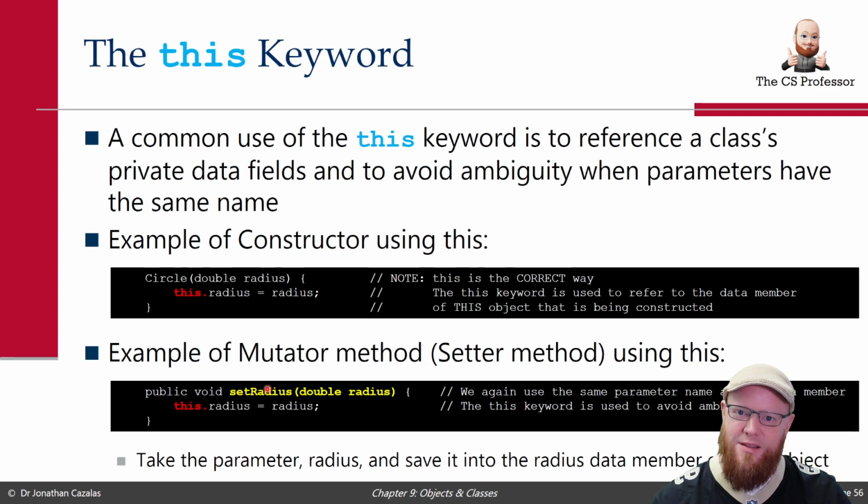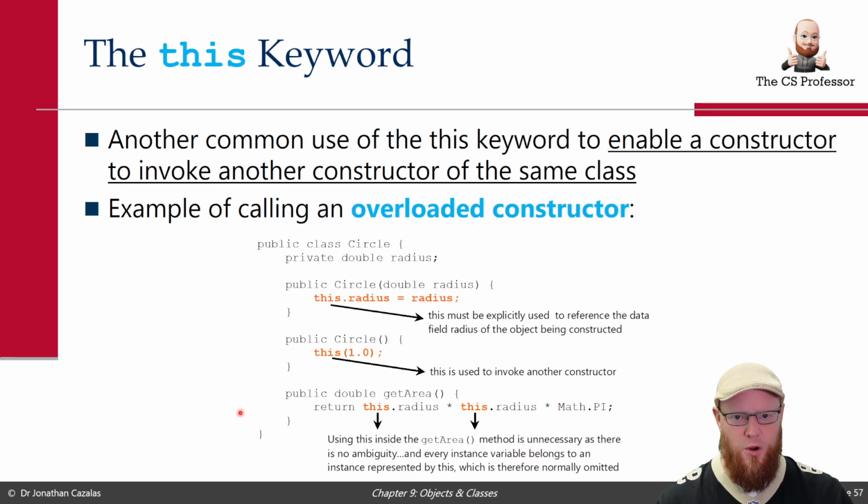You would have had an object and you would have said object dot set radius, and we would have given it a parameter. So assign it into the radius of this particular object that is currently under consideration. That is the this keyword.